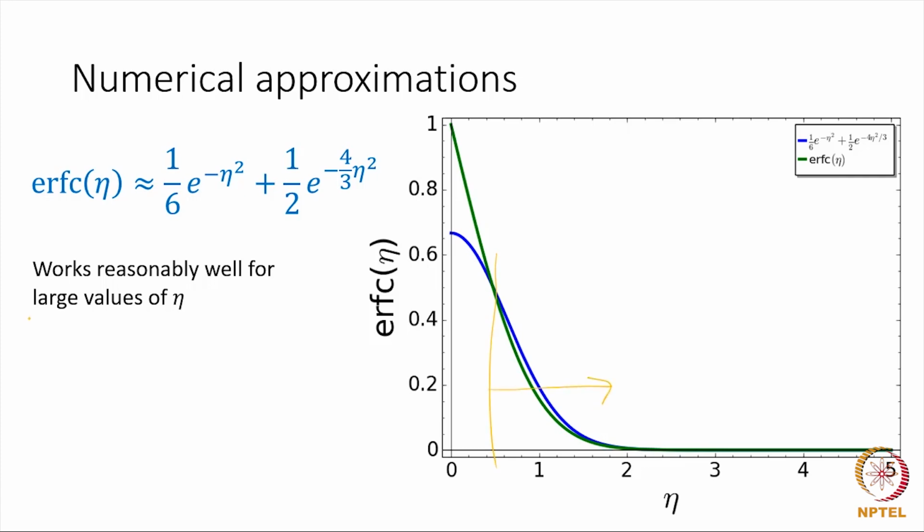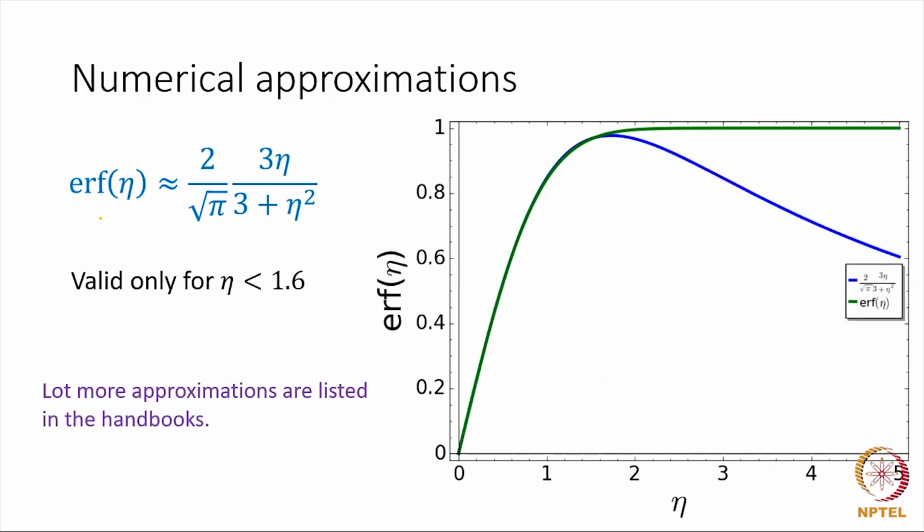Only for large values of eta can you use this approximation, which is just exponents, and for small values of eta you should not be using it because there is a large error that would come for small values of eta. So this is an approximation for the complementary error function, which means that once you have the value, you can also evaluate the error function itself.